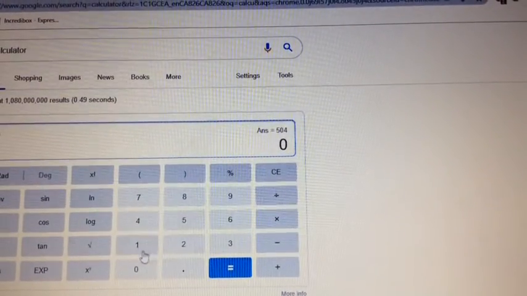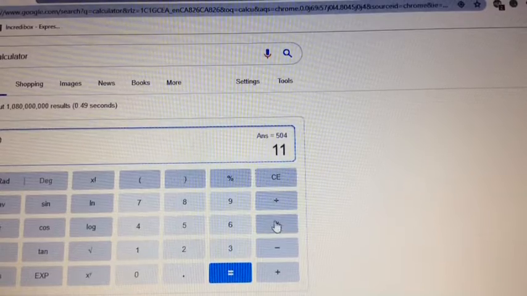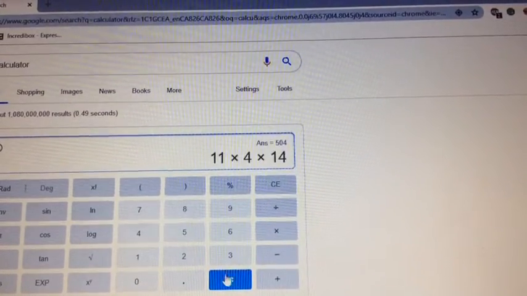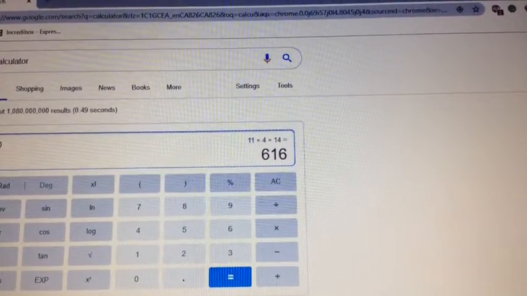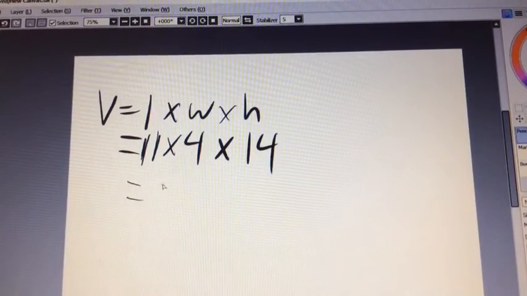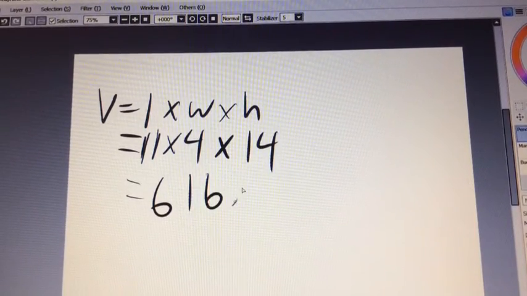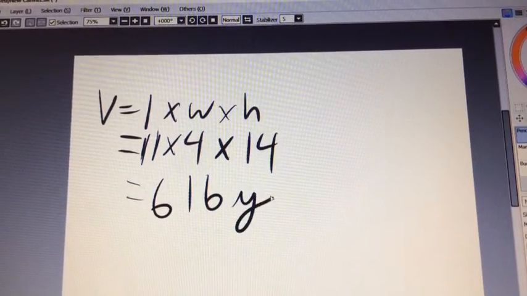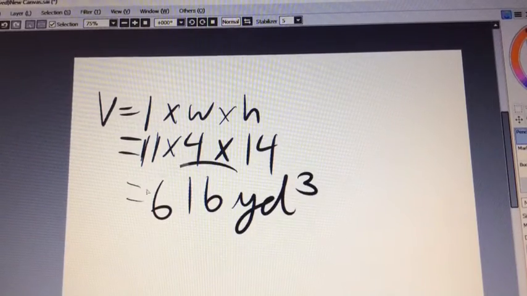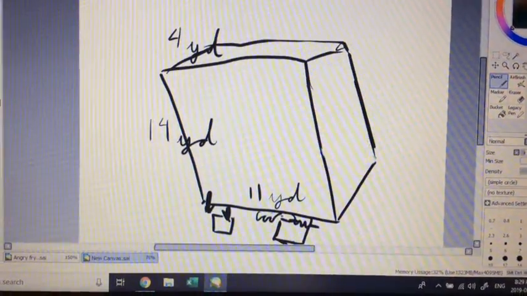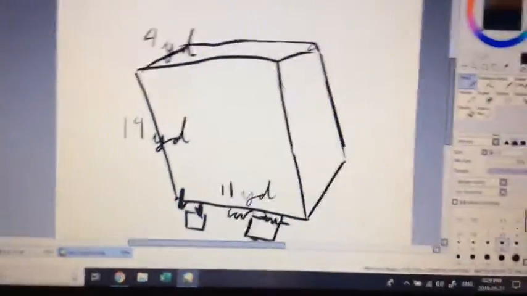Then we'll just put it into our calculator. 11 times 4 times 14 equals 616. So 616 yards cubed is the volume. Now let's watch the shape change.